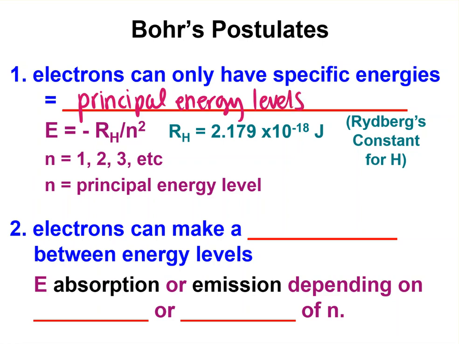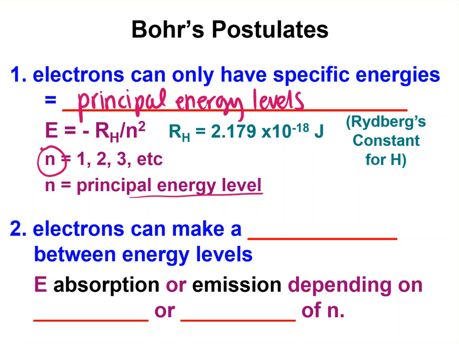In other classes, you've probably called these shells, or maybe just plain energy levels, which I will say energy level a lot. The energy of an electron at an energy level is given by this equation, and this N stands for energy level, principal energy level right here.